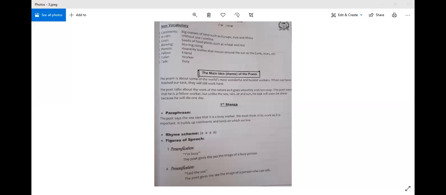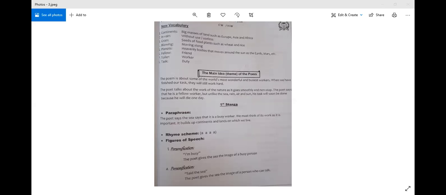Okay, he needs us to think of how important is the sea, making continents to be. I mean, he shaped or he forms the continents like Africa, Asia, and so on. I'm busy, said the sea. I'm doing lots of jobs.